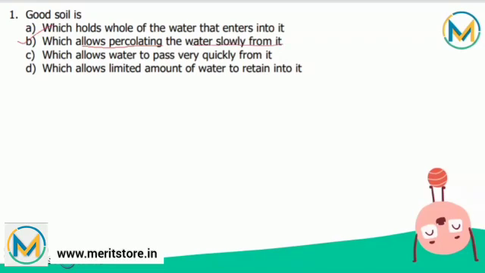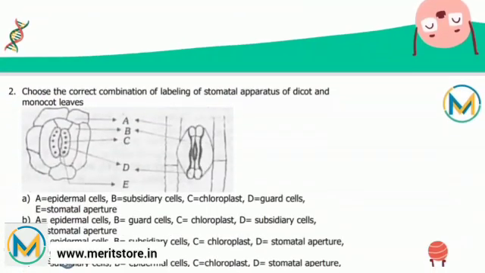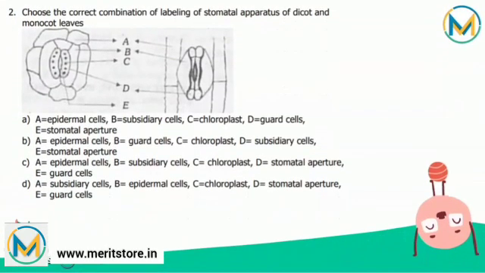Option B. Looking towards the next question, choose the correct combination of labeling of stomatal aperture of dicot and monocot leaves. So here the A is epidermal cells, which are on the upper part and the lower surface of a leaf.